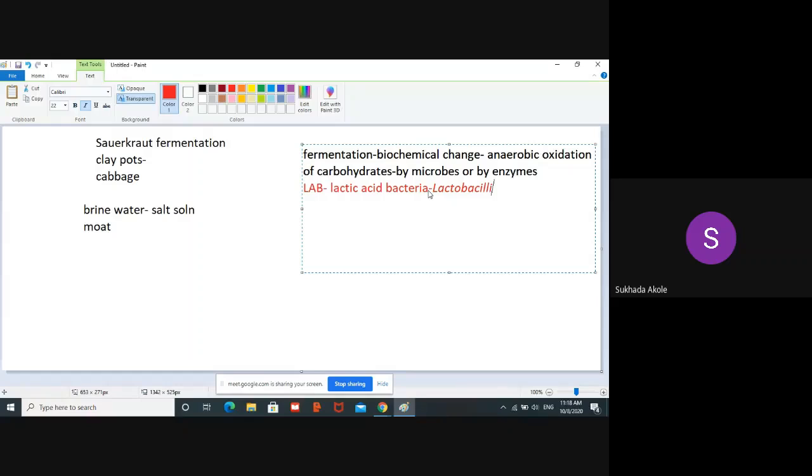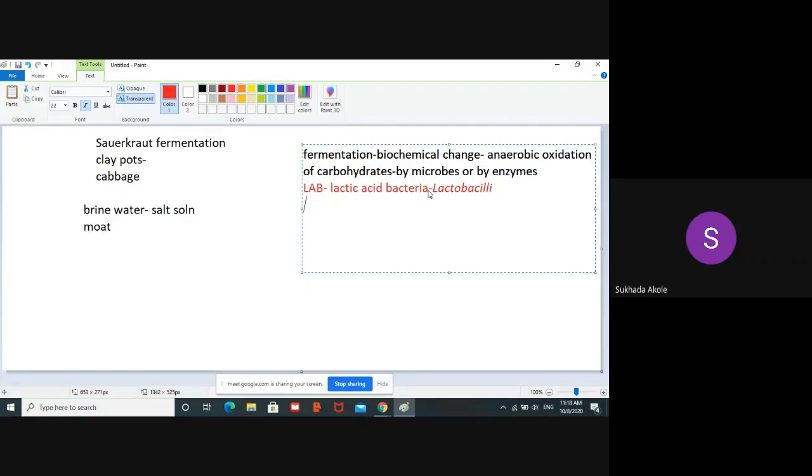So what will happen? Lactic acid formation will prevent the growth of harmful bacteria because it reduces the pH, creating acidic conditions, which means most of the organisms would not grow there. Now, as we have already closed the lid, oxygen-limiting conditions will start to generate, and eventually anaerobic or microaerophilic organisms will start to grow.